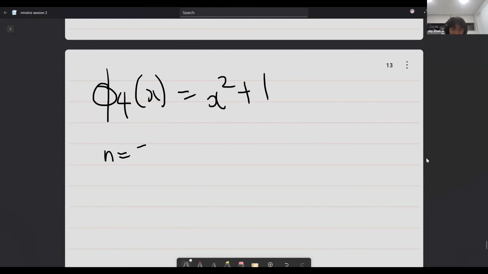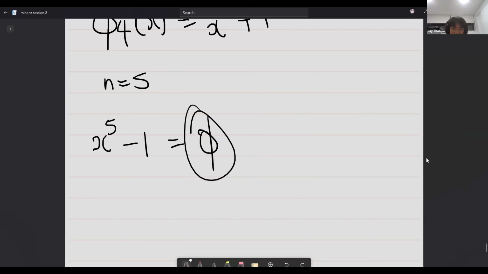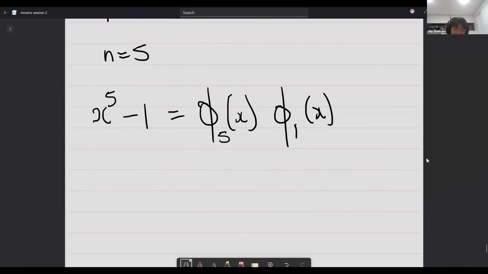So now we'll just do n equals 5. x to the 5 minus 1 is equal to phi of 5 times phi of 1. Oh, this symbol is called phi, by the way. Usually you'd write the capital phi, but I'm a bit lazy with my handwriting. And we can factor out x minus 1.